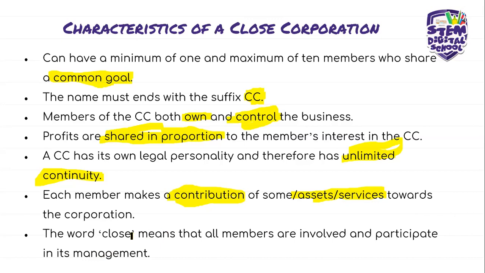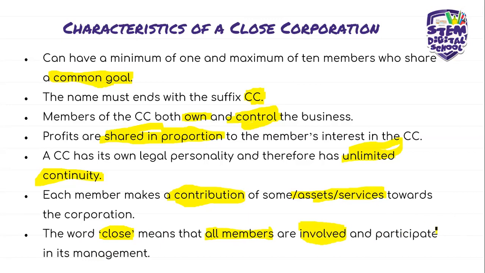So the word close means that all, very important, all members are involved and participate in its management. So they are both involved and participating.